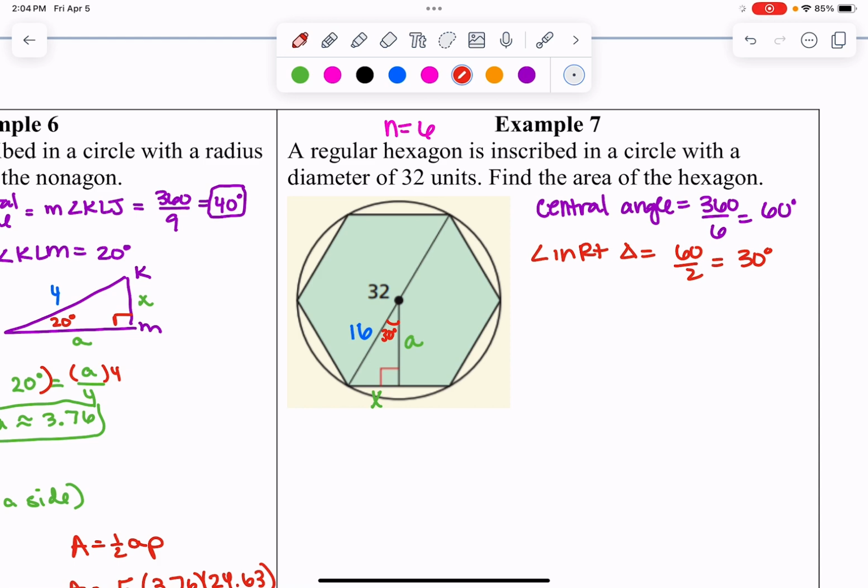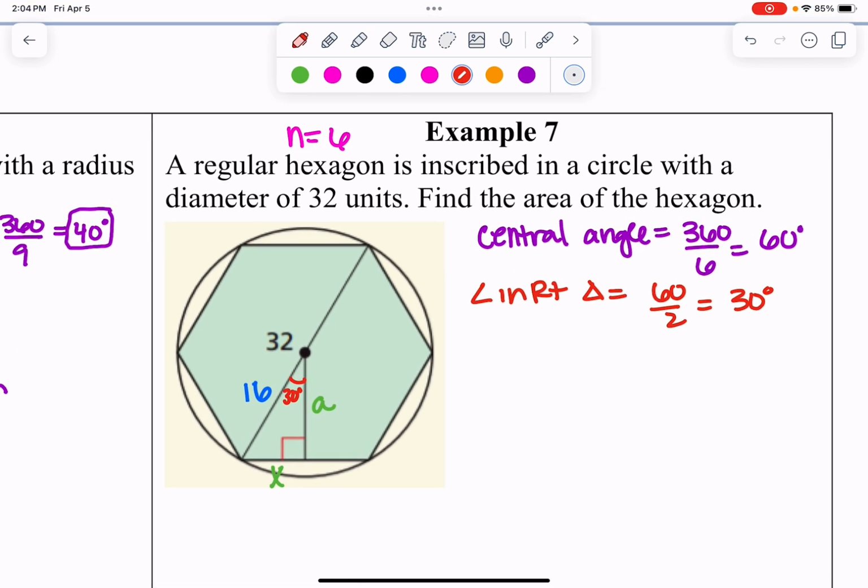Now, in this problem, you could use your SOHCAHTOA, but I can also use my 30, 60, 90 rules. I have the hypotenuse, and so I can easily find the short side, x, first, because I know in a 30, 60, 90, the hypotenuse is equal to 2 times the short leg. So I have a hypotenuse of 16 is equal to 2x. And so if I divide both sides by 2, I get that my x is equal to 8.